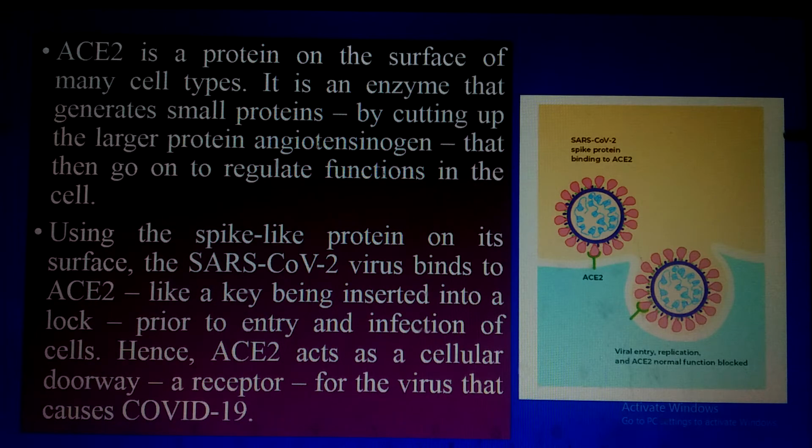Is it clear? Using the spike protein on its surface, the SARS coronavirus binds to ACE2 like a key being inserted into a lock prior to the entry and infection of the cell. Hence, ACE2 acts as a cellular doorway, a receptor for the virus that causes COVID-19. So you must watch my lecture about the life cycle of the coronavirus. You will get a lot. Okay.